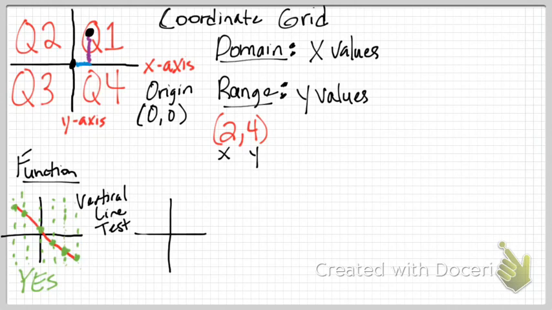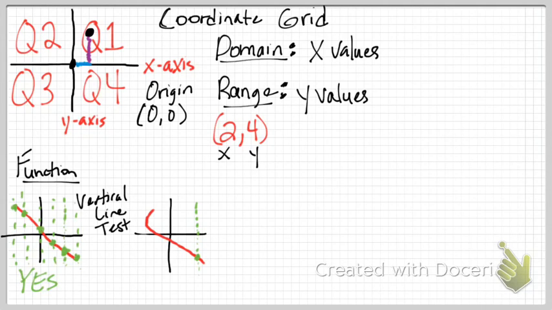Let's say we have a graph like this, and I want to determine if that's a function. Now this is what Dakota was talking about. Let's say I drew my dotted line right here. Well, that's true. It only hits the graph one time.